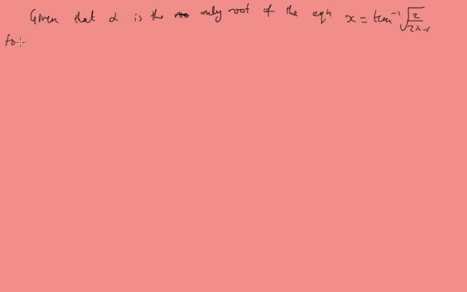So, given that alpha is the only root of the equation x equals the inverse tan of root 2 over 2x minus 1 for x between 0 and pi over 2, verify that alpha lies between 0.9 and 1.